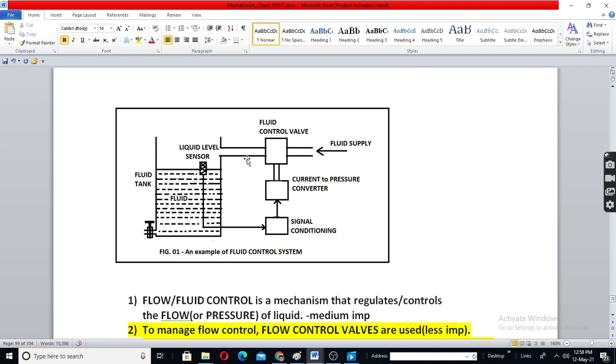Suppose you want to control the level of the liquid. There is a sensor here which will give an output, which is conditioned, meaning sensed and amplified. This can be a Hall effect sensor or any other type of sensor.